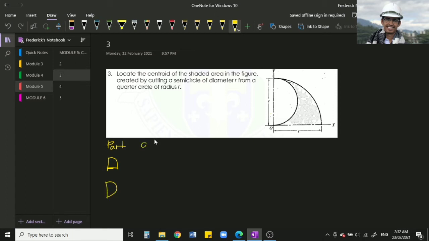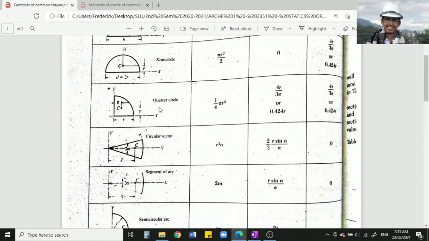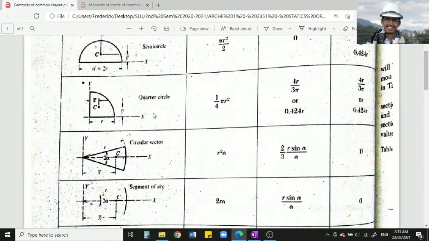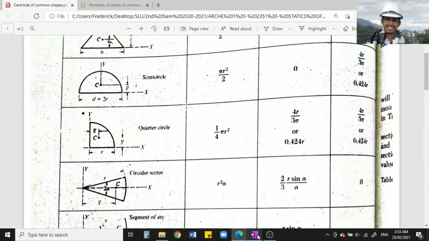So yung area niya will be yung area ng quarter circle natin. So ano yung area ng quarter circle natin? So that will be area of quarter circle will be 1/4 pi r squared. Okay.